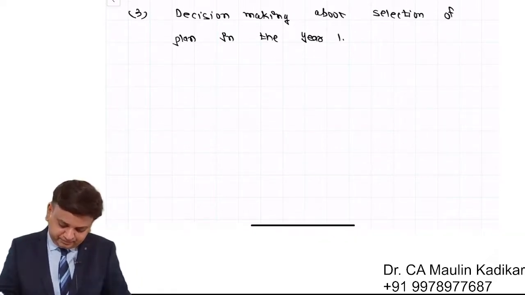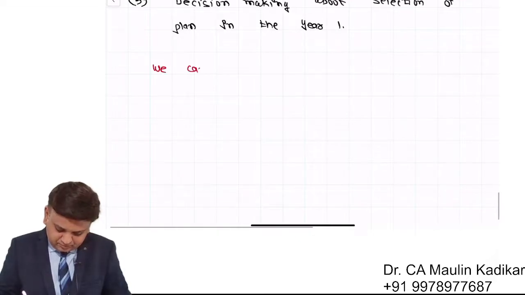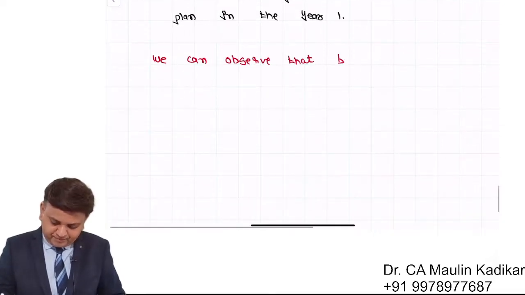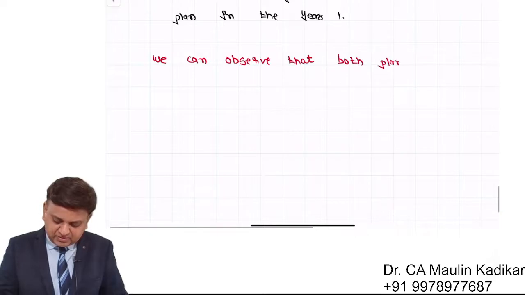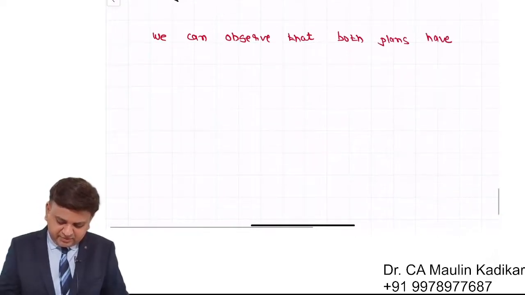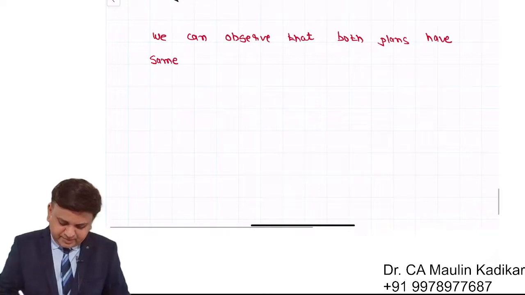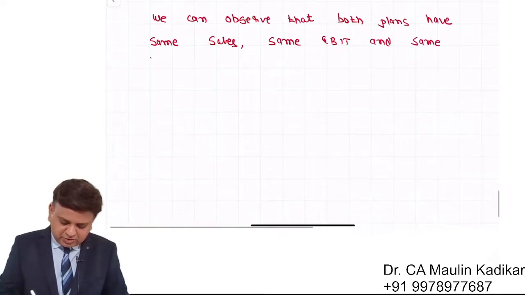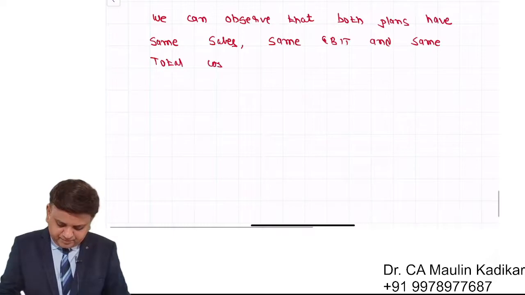In that, write down: we can observe that both plants have same sales, same EBIT, and same total cost in year 1.